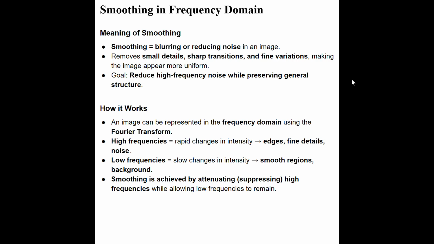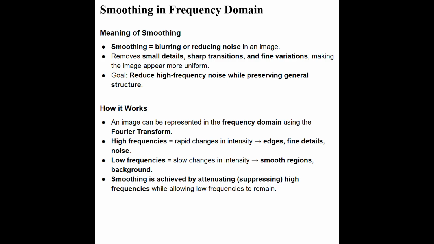You have a separate concept of smoothing in the frequency domain under this chapter. Smoothing deals with blurring of the image, or reducing the noise in the given image or removing the noise. Here I am focusing on removing the small or less important details, or reducing the effect of sharp transitions.